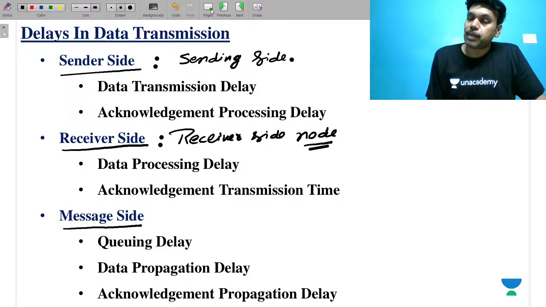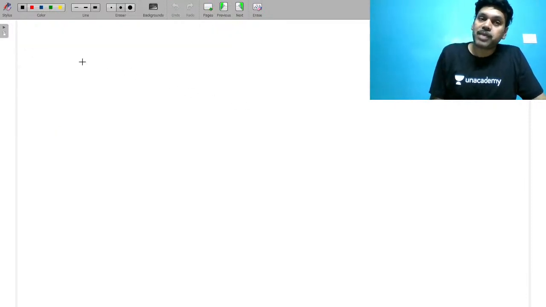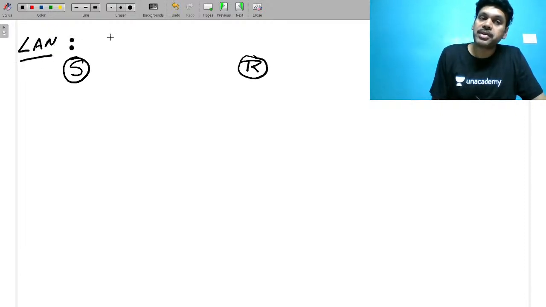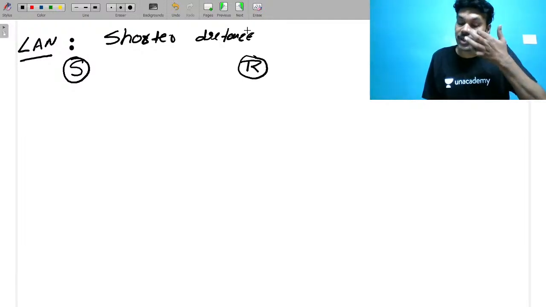Before discussing these delays, I want to give a simple example here. When I say there is a sender side and a receiver side, I am limiting it to a shorter distance. Whenever you say shorter distance, as I said, my ping response time is going to be very less.